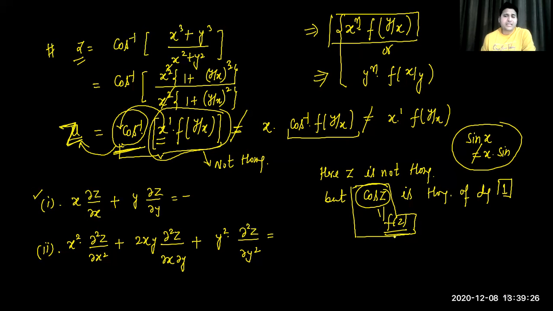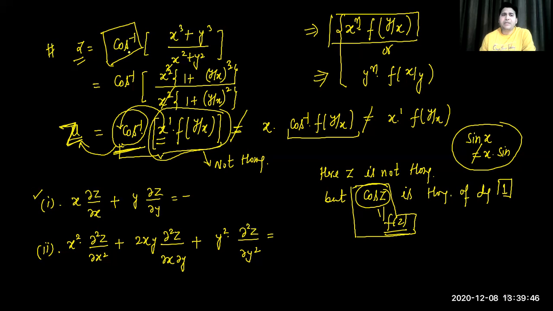Then we can apply the deduction formula. And how to construct f(z)? Simply, whatever special function is there outside in the function, we have to remove that function. Like in the case of cos inverse, cos z will be f(z). Suppose it is sine inverse, f(z) will be sine z.